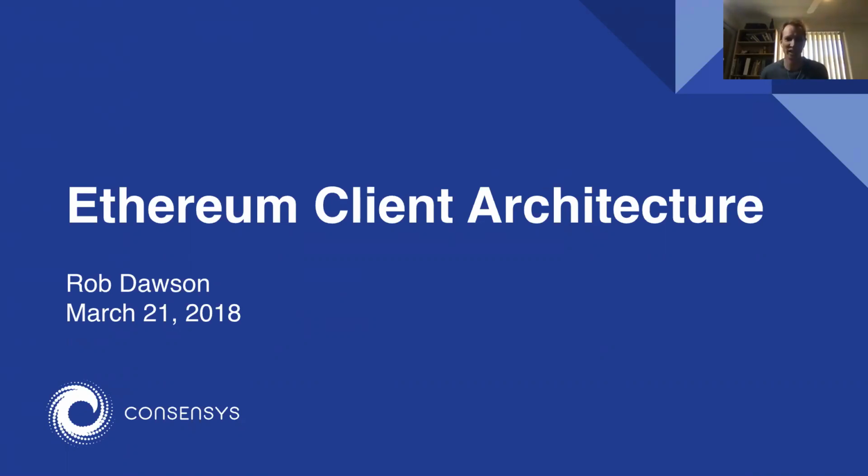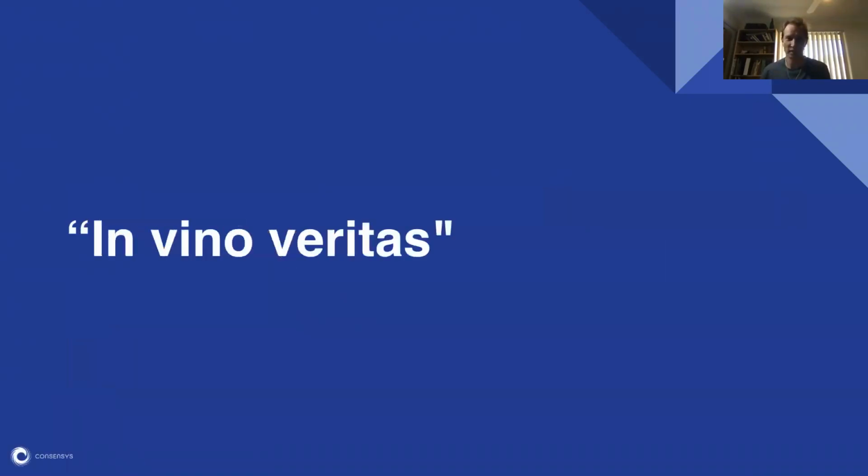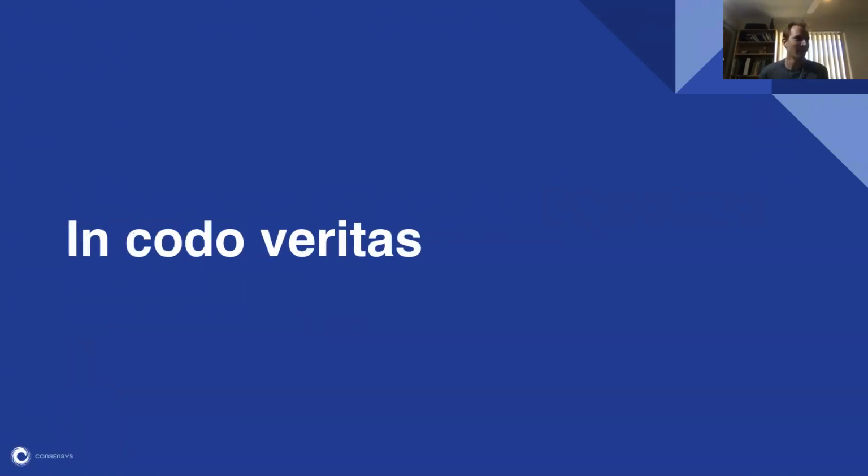First, before I get into any details, I want to make a warning. My warning is similar to the Latin phrase in vino veritas. I think if Caesar was a coder, he'd say in codo veritas. That is to say that in code there's truth.